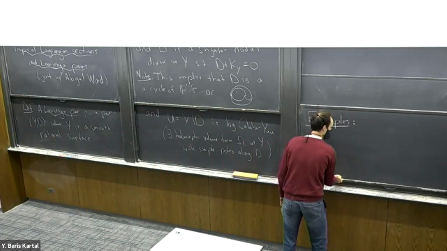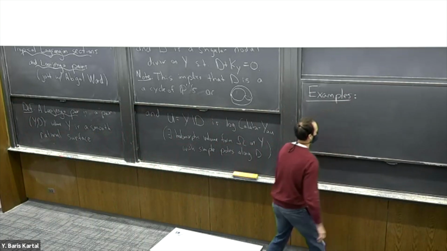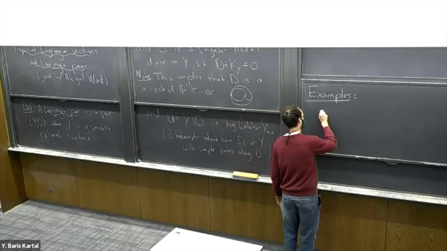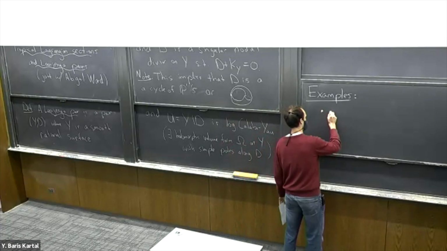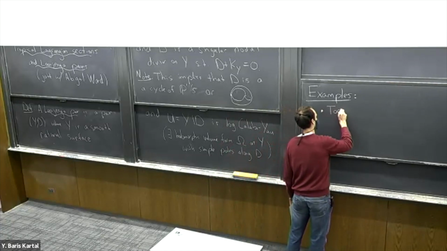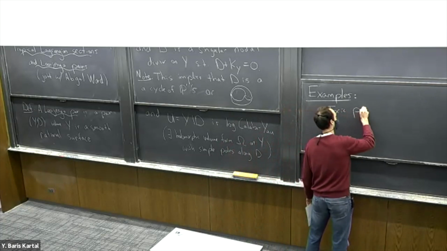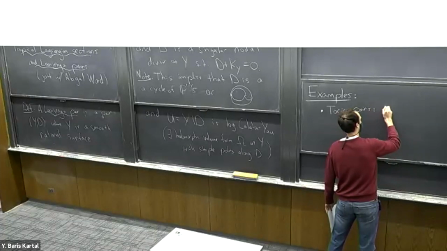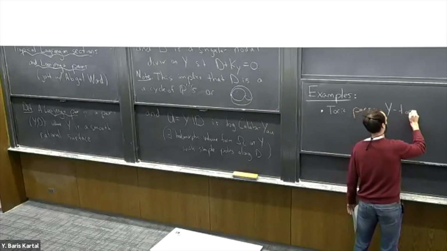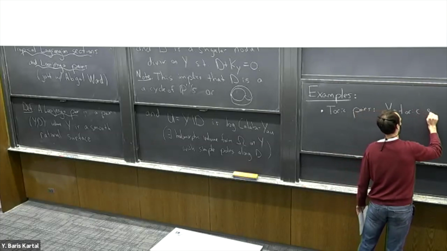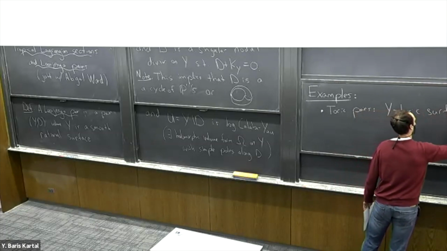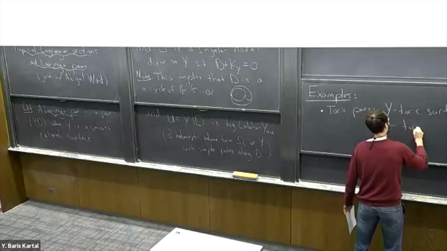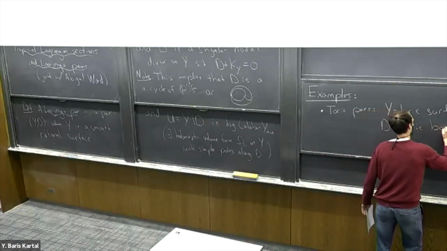The first ones, the ones that I understand the best and like the most, are the simplest, just toric pairs, where Y is any toric surface and D is the toric boundary.